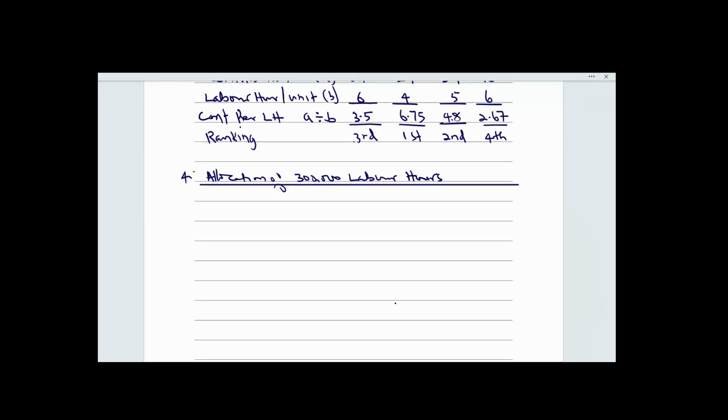So to do this, you are going to create about 8 columns. The first column is the ranking. Next is the products that you have ranked. Next is the units demanded. Then you are going to have labor hour per unit.